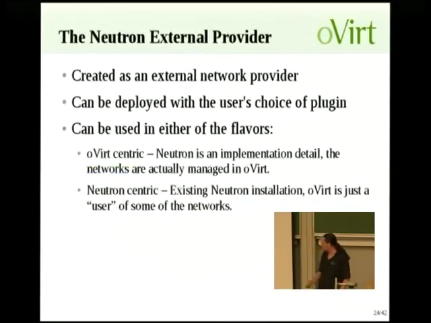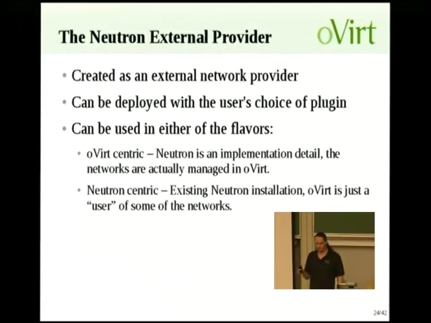Neutron is one of those external providers that we defined. And you can deploy it with whatever plugin you want. You just set it up by yourself, and it can be used in any one of the flavors. You always set it up once, and then you don't have to really touch it again.